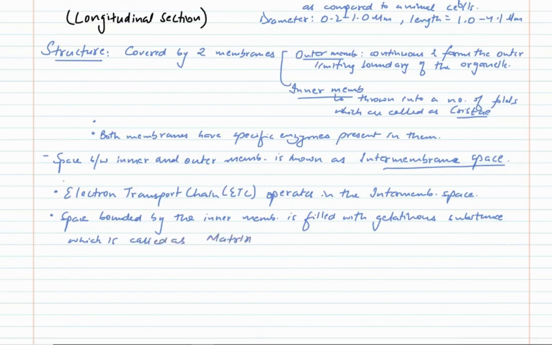The space inside the inner membrane, the compartment which is bounded by the inner membrane, is filled with a gelatinous substance which is known as the matrix of mitochondria. In this matrix, ribosomes, DNA, etc. are present.